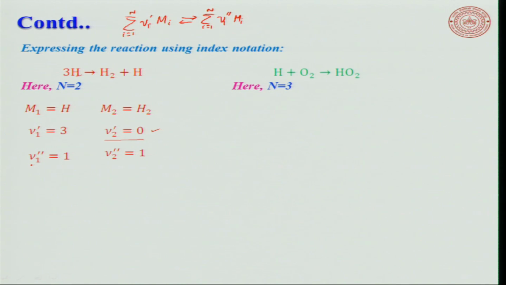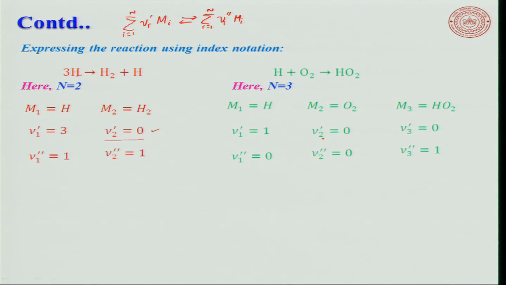Similarly, on the right hand side, for H, V1 double dash is equal to 1, whereas for hydrogen on the right hand side V2 double dash is equal to 1, because hydrogen is there. In a similar way, on the left hand side, if I consider the hydrogen, V1 dash is equal to 1, and for the product V1 double dash is equal to 0.